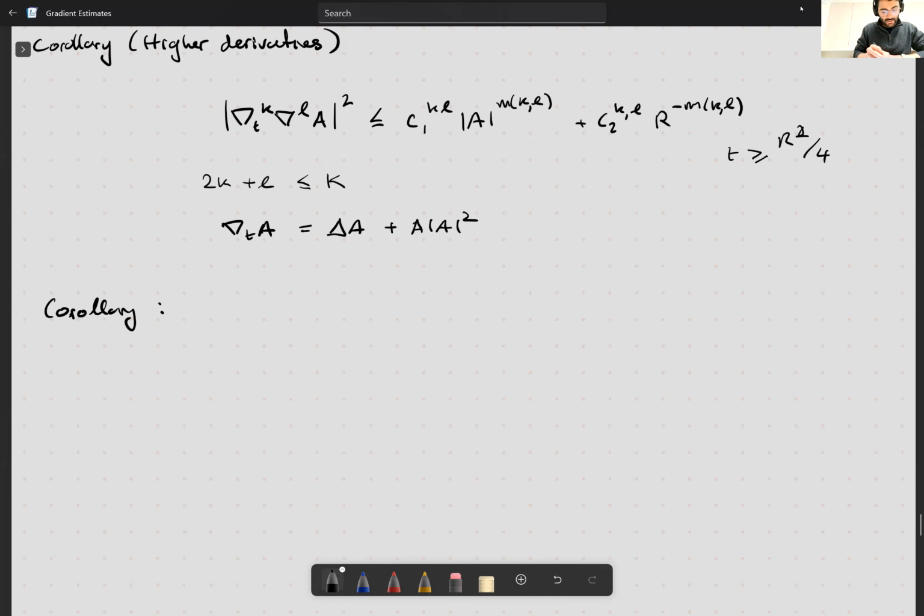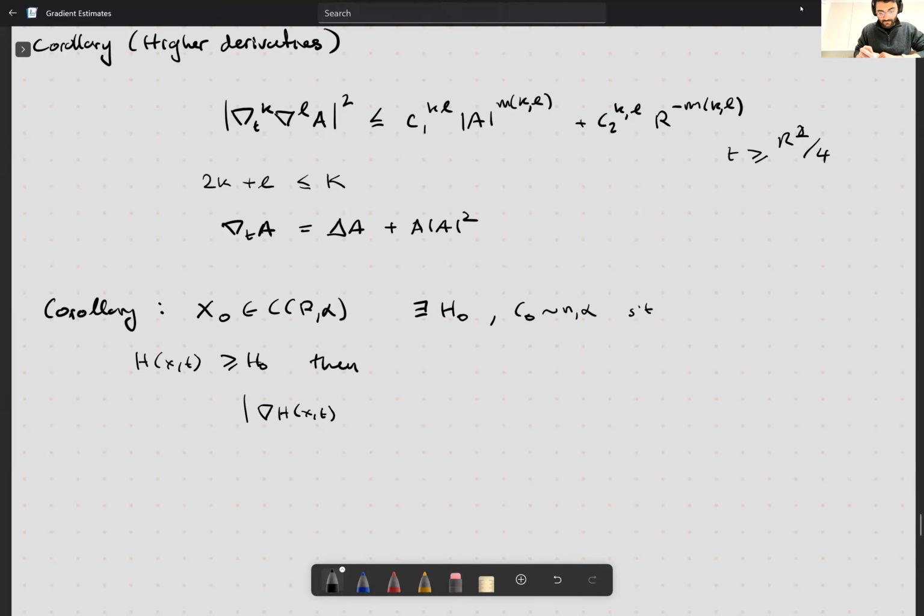So if your initial surface is in C^{r,alpha}, then there exist some constants H0 and C0, both depending on n and alpha, such that if H(x,t) is greater than or equal to H0, then the derivative of H is less than or equal to C H squared.